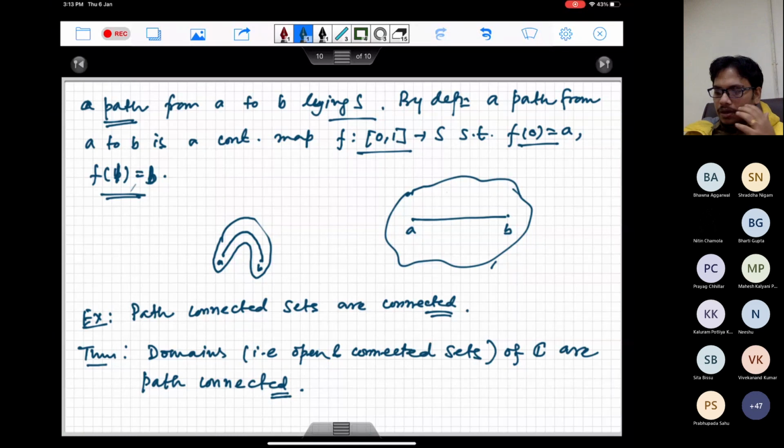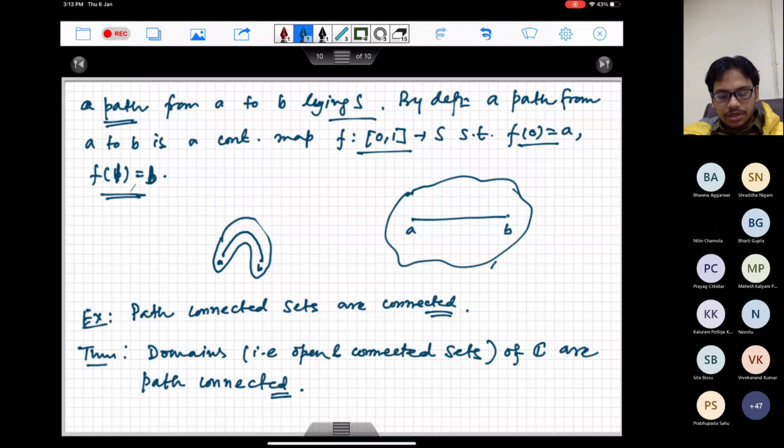An open and connected set is going to be path connected. This is a very important property that we are going to use very much in our analysis, especially when we study differentiation. So I'm going to give a proof of this now.